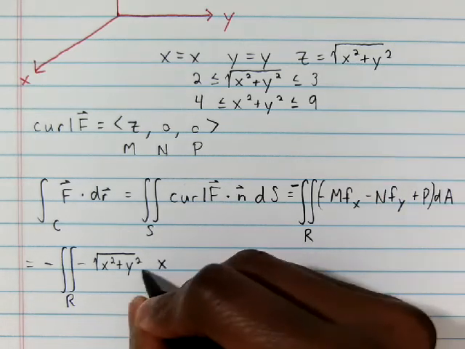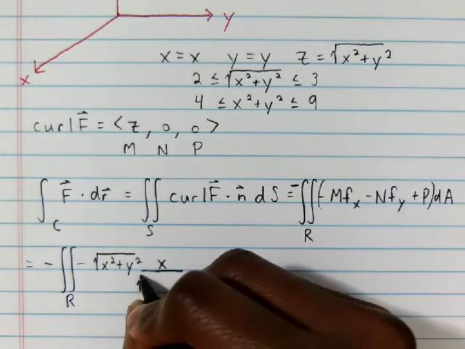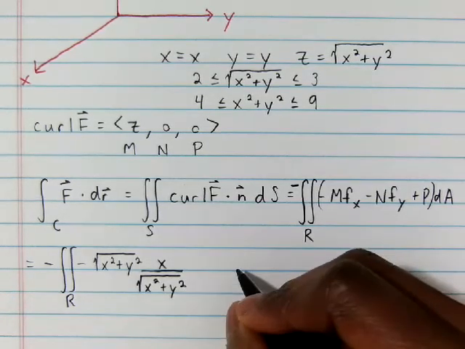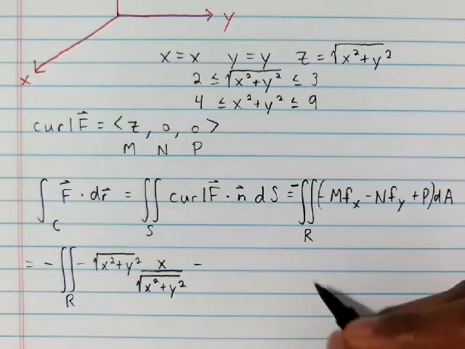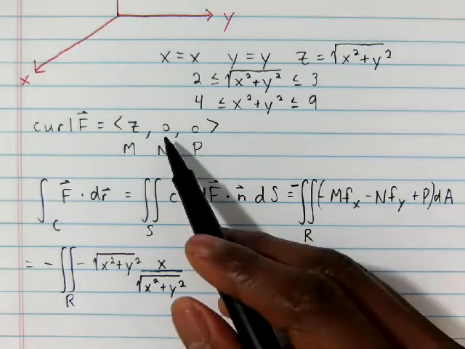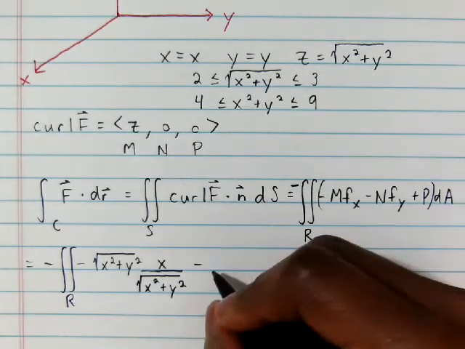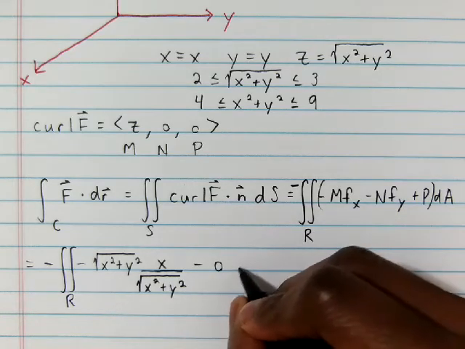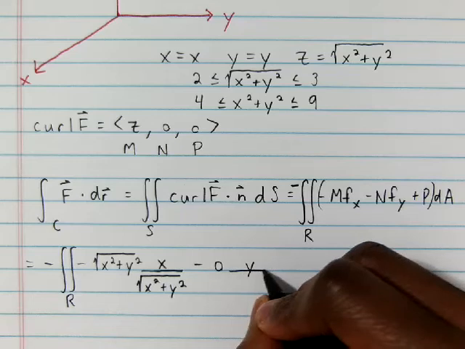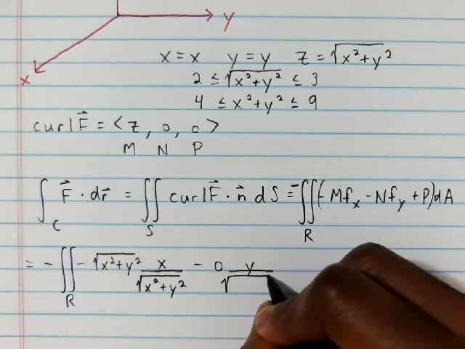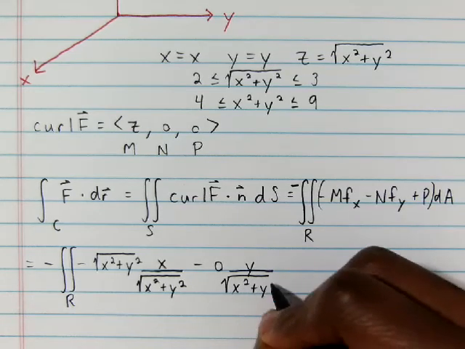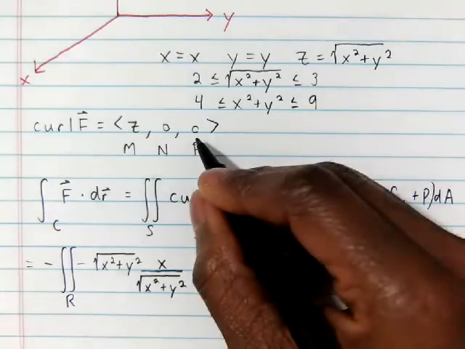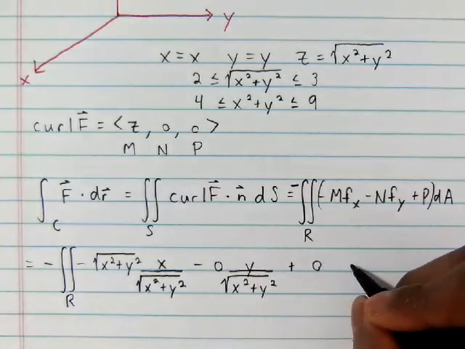So x over the square root of x squared plus y squared, then minus n, oh, there's just 0 times f sub y, but I'll write it out, 0 times f sub y is not going to matter now, but we'll do y over the square root of x squared plus y squared, and then plus p, so plus p is 0 dA.